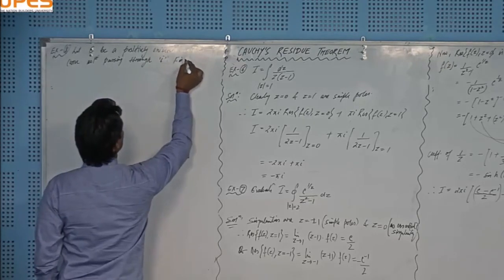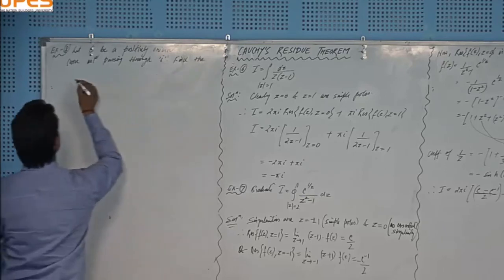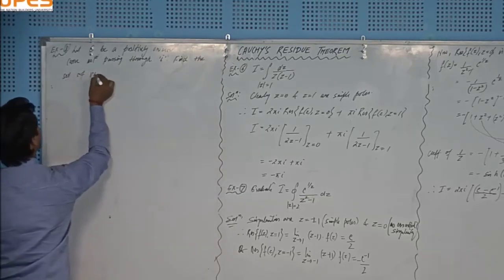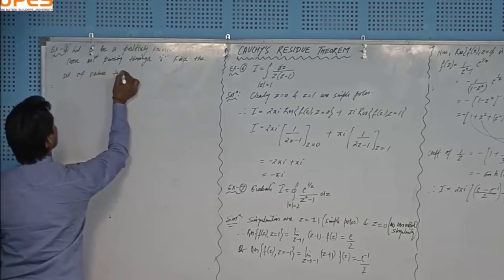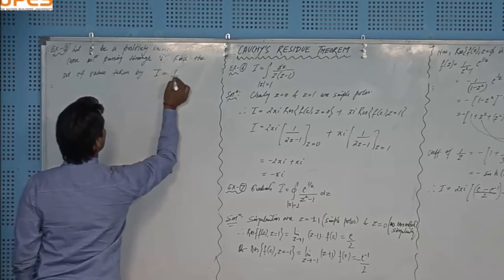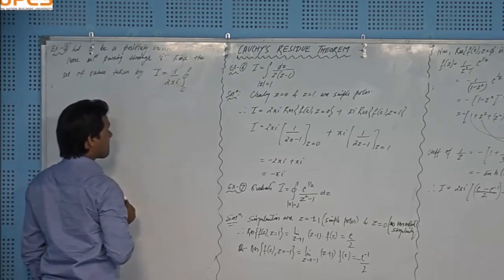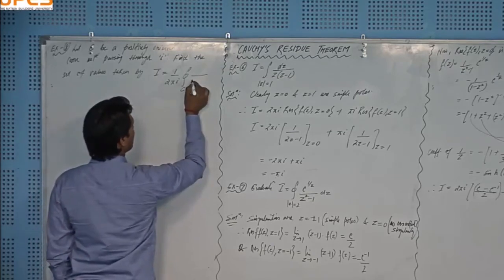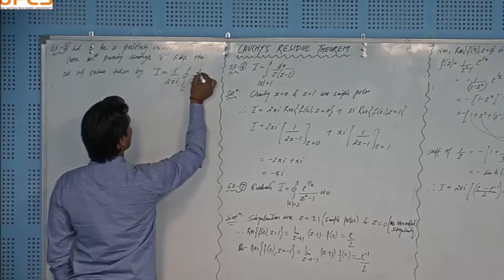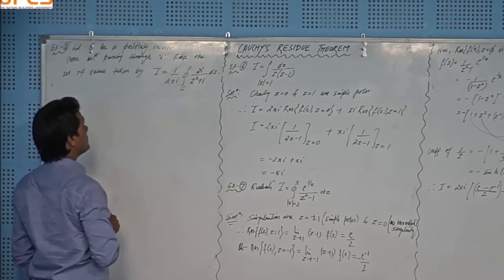Find the set of values taken by the integral I equal to 1 over 2 pi eta, integral over C, and in the denominator I will write z square plus 1, and here I write 2 eta dz, right?